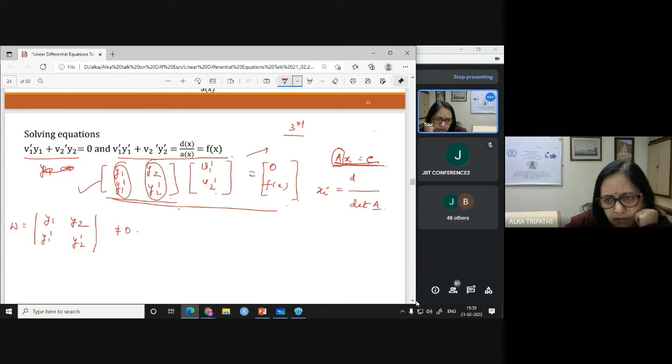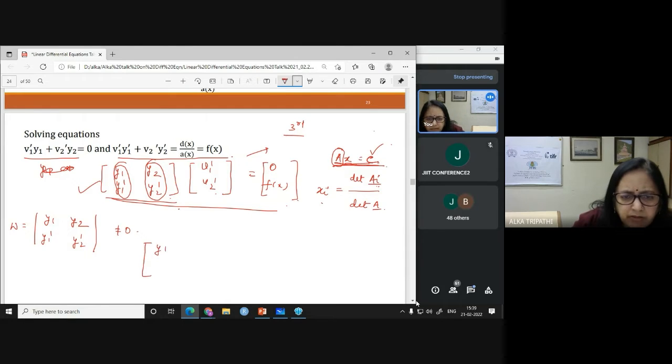The numerator is the determinant of Ai, where Ai means the matrix formed by replacing the ith column by C. So here I am having y1, y1 dash, y2, y2 dash, v1 dash, v2 dash, 0, fx.